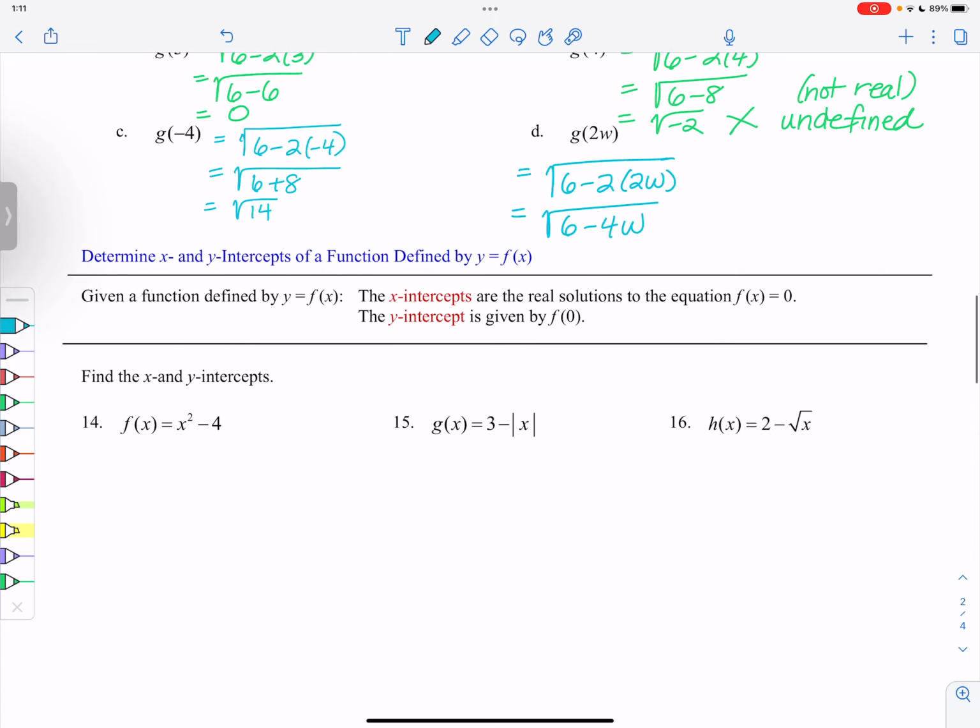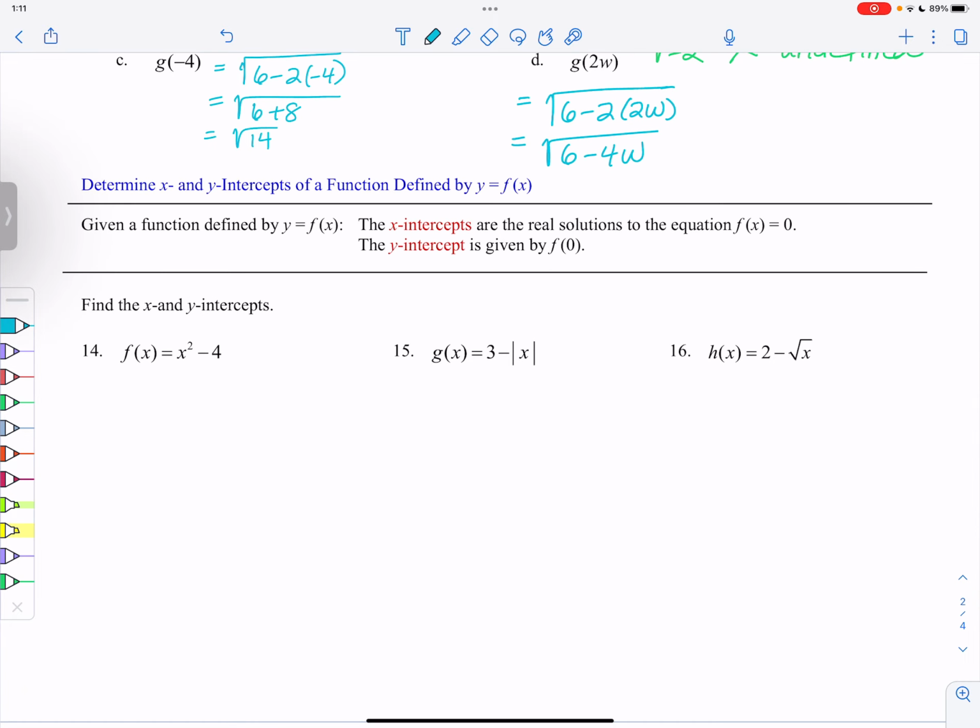Okay, now we're going to be finding intercepts. And intercepts are really easy because if you want to find the x-intercepts, you're going to let y be 0. And when you look for the y-intercept, you're going to let x be 0.